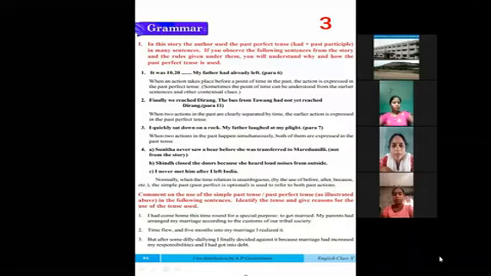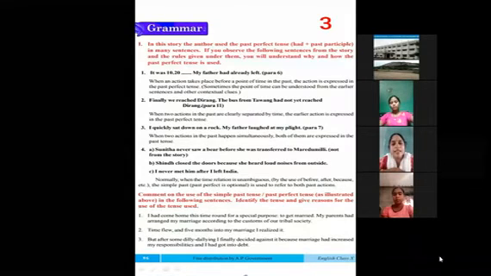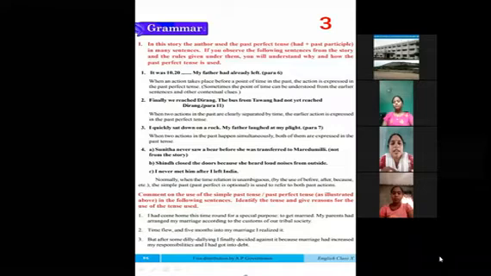Is it clear, ma'am? If two actions are completed in the past, for the first completed action we use past perfect tense. So past perfect means had plus V3, the past participle form of the verb. Write, wrote, written: written is the third form.